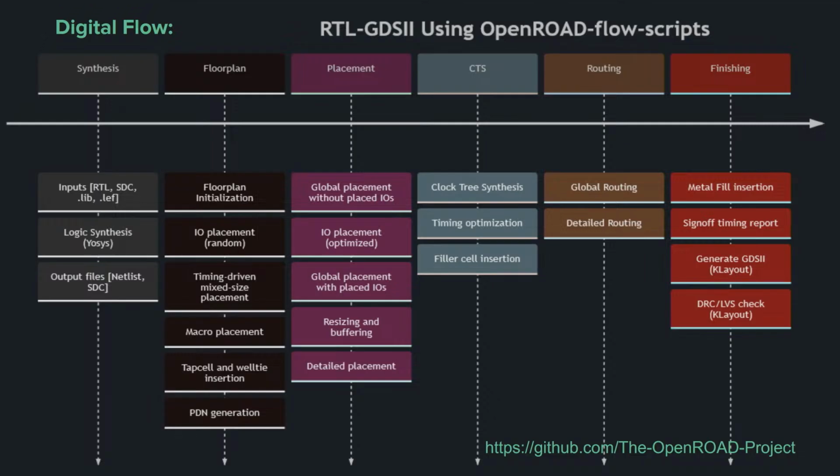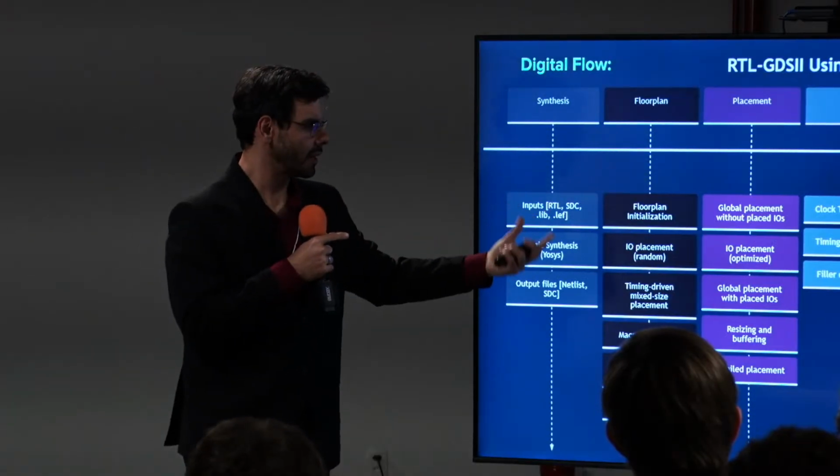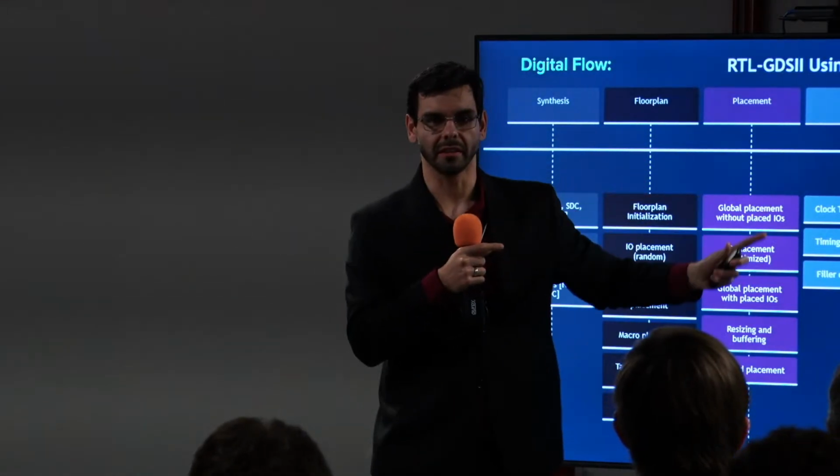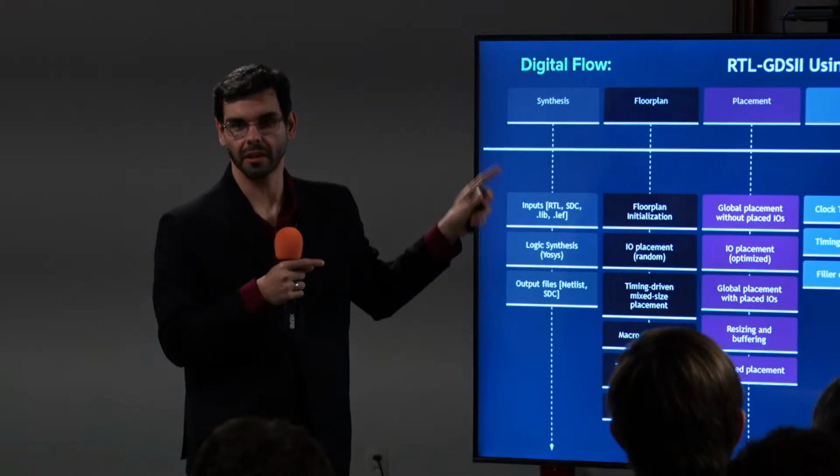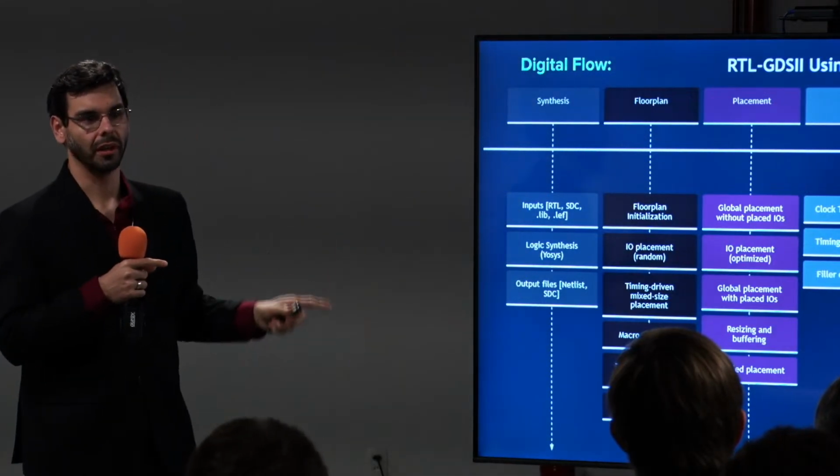We can start with synthesis, as you do with your FPGA. Then you can go through floorplan, placement, clock tree synthesis, routing, and other final tasks. I see we are really simplifying things here. But the important thing is that you take your RTL and you get the GDS at the end. And all of this is already fully built and open source.